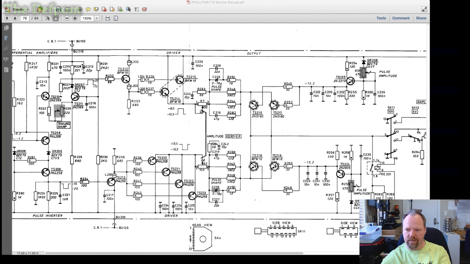Right, this is a very sizable manual. This looks pretty good. Try to find the circuit diagram section, tone board.